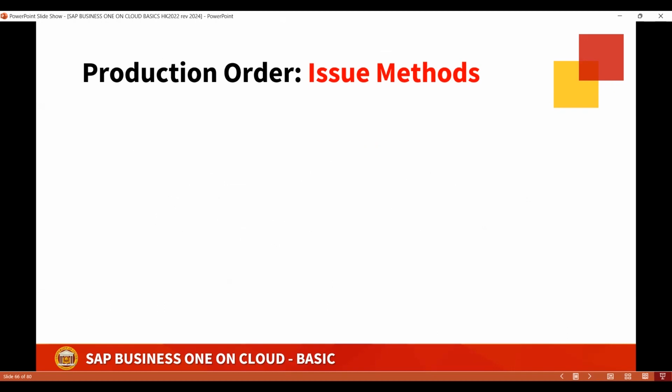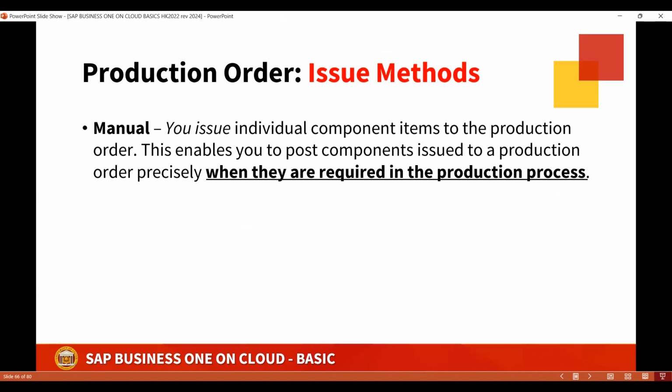For our production order, there are two issue methods. One is manual and the other one is backflush. So let's talk about the manual issue method. For the manual issue method, you issue individual component items to the production order. With this, it enables you to post components issued to a production order precisely when they are required in the production process.